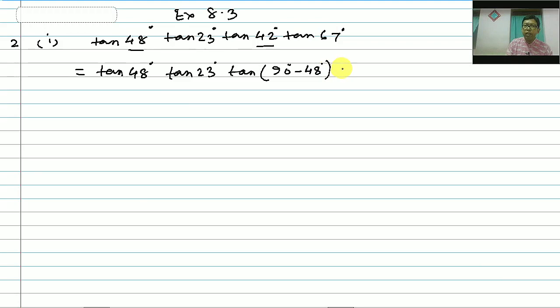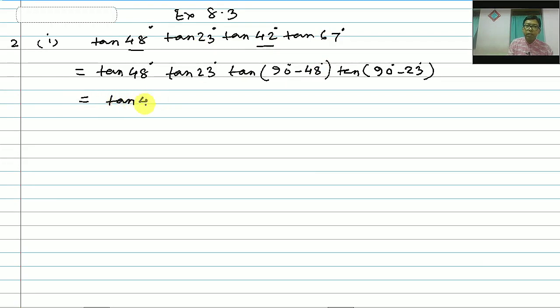Similarly tan of 67 degree, you change angle, tan of 90 degree minus 23 degree, isn't it? Because 67 degree and 23 degree are the complementary angles. What is complementary angle? That means the sum of these two angles is equal to 90 degree.